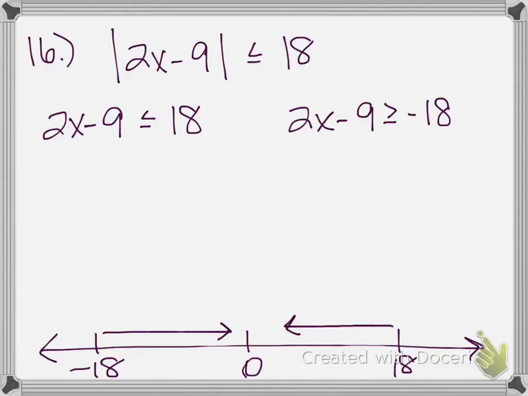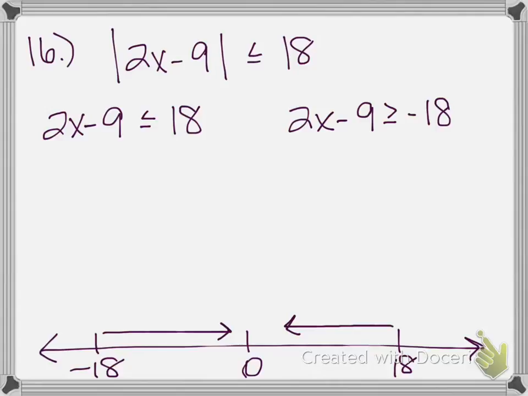On a number line, if I'm less than or equal to 18, I'm getting closer and closer to downtown, then on this end I have to be greater than or equal to in order to keep going towards downtown. Otherwise, I'm headed to Goddard. So that's why the signs switch.